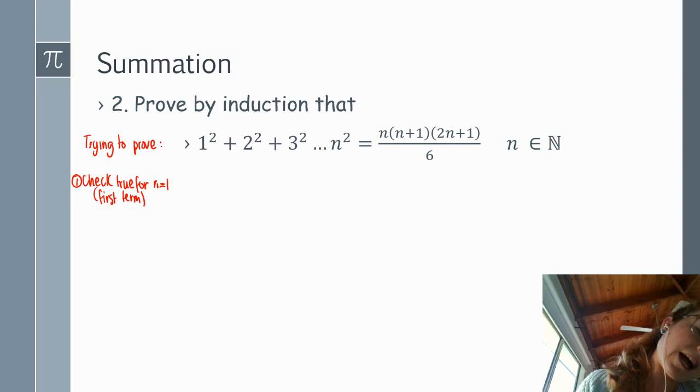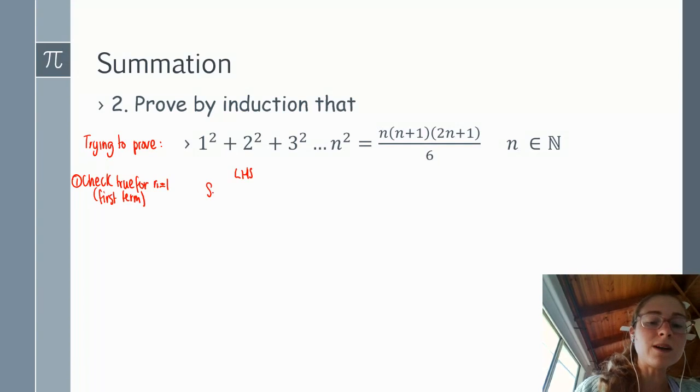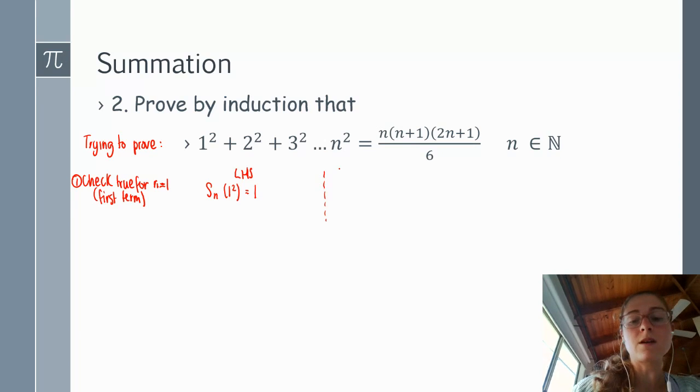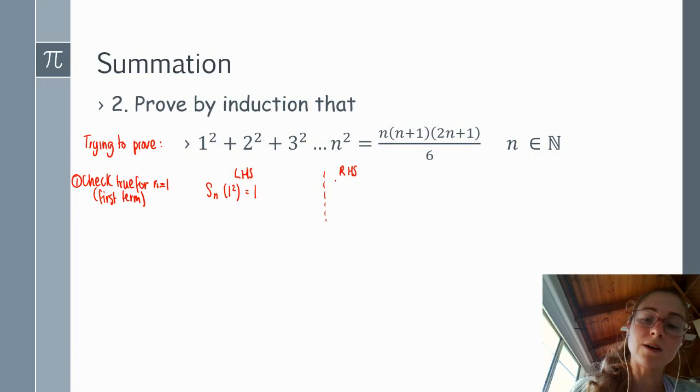So if we only had one term on the left-hand side, okay, then what is the sum of the first term? 1 squared. Well, 1 squared plus nothing is just 1. The right-hand side, okay, this one we have to plug some things in. So everywhere you see an n, you're going to put a 1 instead. So I'd get 1 brackets 1 plus 1 brackets 2 times 1 plus 1 all over 6.